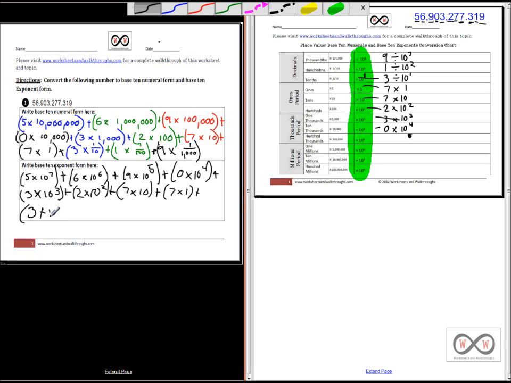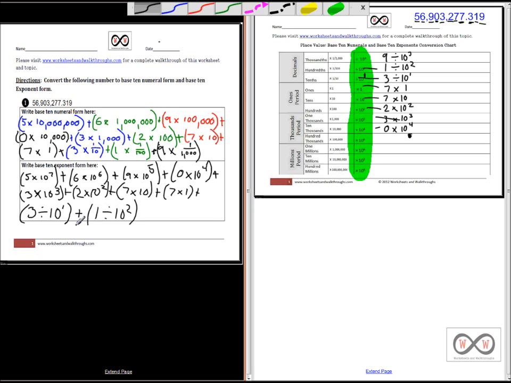Whoops, for some reason that didn't come out. 3 divided by 10 to the 1st power, or you could just say 3 divided by 10, that's optional, plus, and we're left with this 1 up here, the digit 1. 1 divided by 10 to the 2nd power, or 1 divided by 100. That would be the same thing.